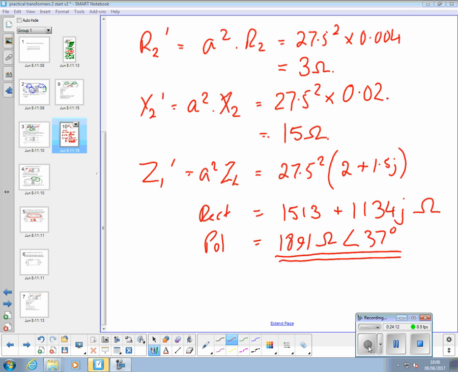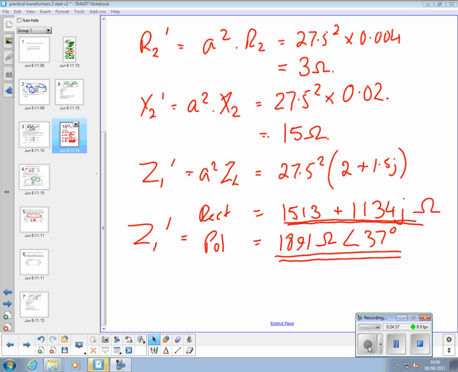Yep. So we may well need to use that in either or sometimes even both of those forms. So that's handy just to do it there, keep them both in the same place. And that's Z1 dash is equal to that. Right?